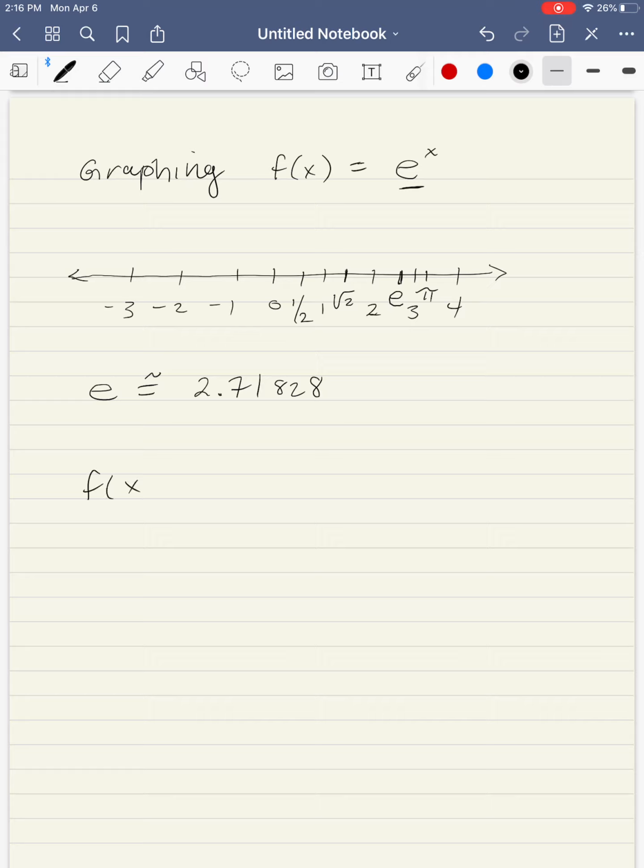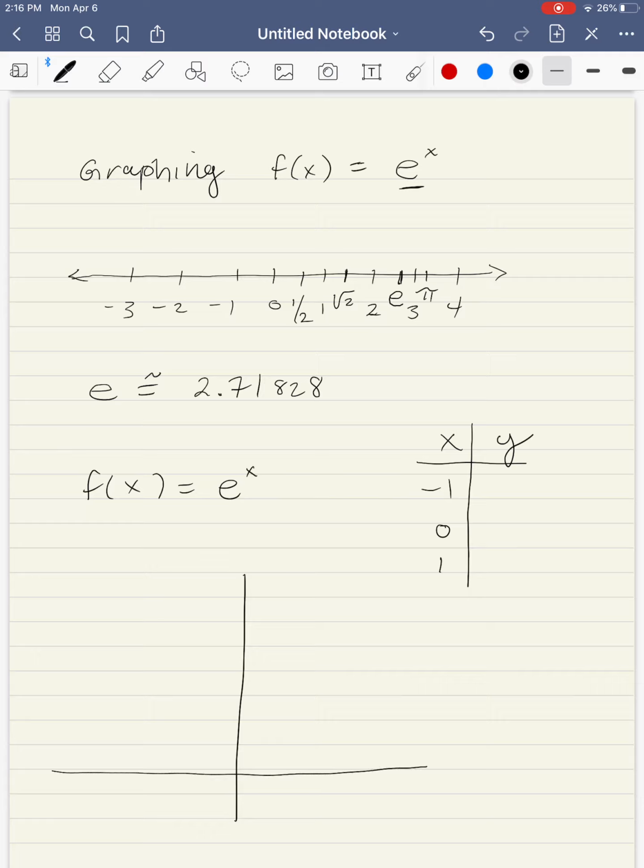So if we're going to graph our function e to the x power, we're going to use that same method that we learned in our previous couple of lessons, where we just make a t-table and we plot 3 different ordered pairs. And then we can graph our exponential function by plotting those 3 points and knowing what the shape of our graph is.